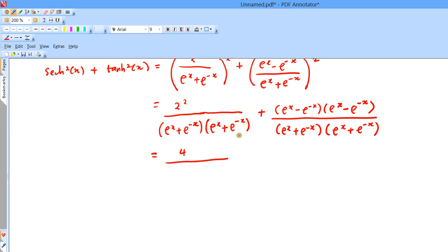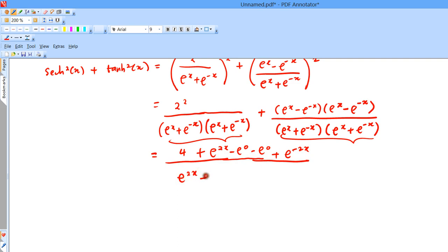The denominator for the first term and second term is equal, so you can expand numerator, plus e power of 2x, and then minus e power of 0 minus e power of 0 plus e power of negative 2x, then divide by e power of 2x plus e power of 0 plus e power of 0 plus e power of negative 2x.